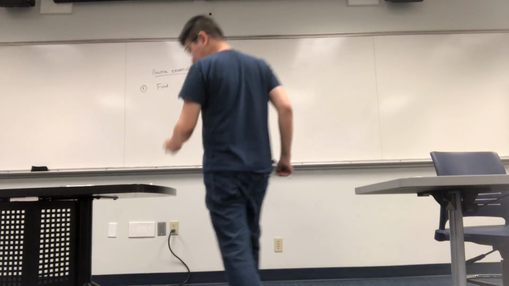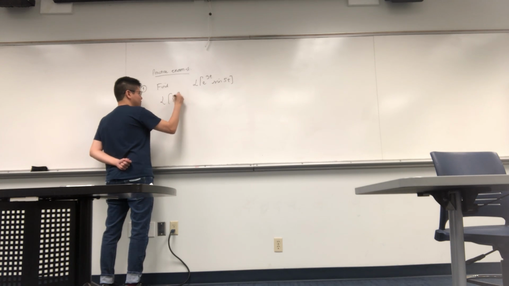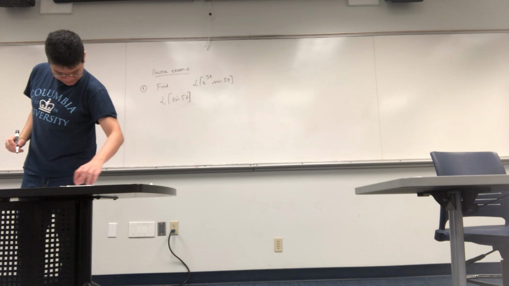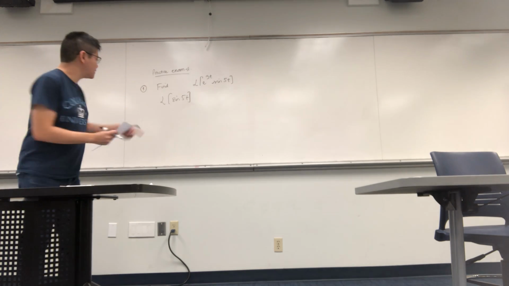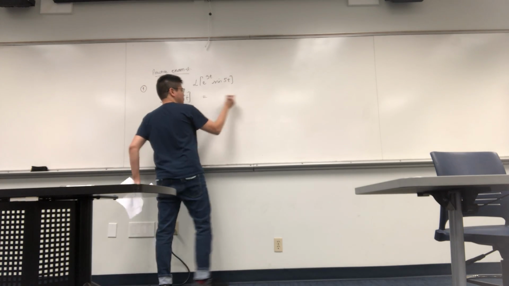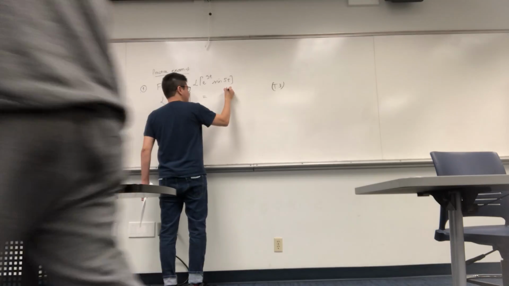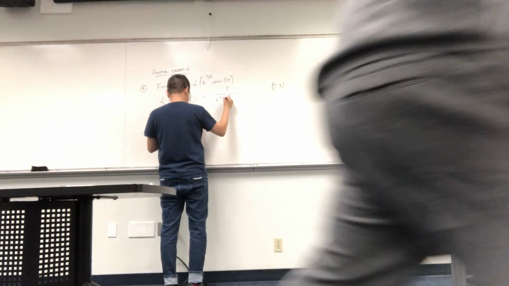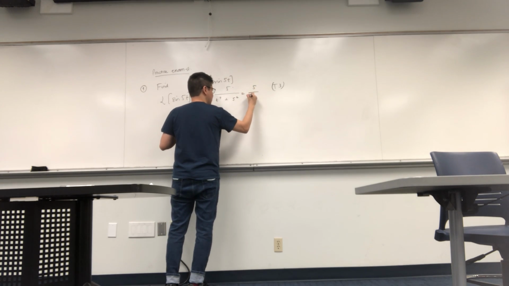So basically, the first thing you do is you do the Laplace transform of sine of 5t, right? And then you check the table. So this is T3, right? The Laplace transform of sine 5t will be 5 over s squared plus 5 squared.